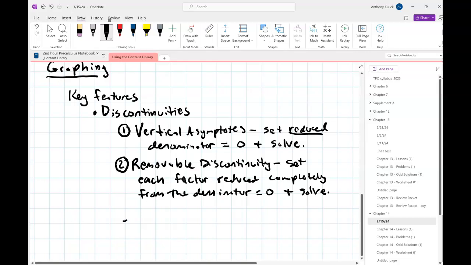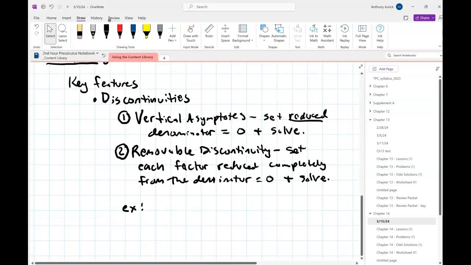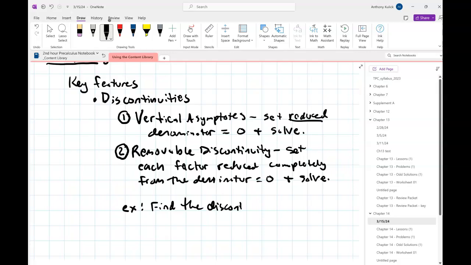All right. Let's do a quickie example here, about just finding these discontinuities. We'll talk about how to graph them in a little bit, but let's just talk about finding them algebraically first.